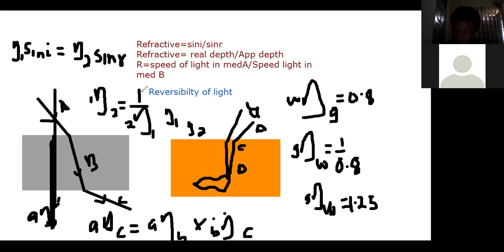The refractive index of medium 2 is equal to 1 all over the refractive index of medium 1. So this means that the refractive index of light moving from medium 1 to medium 2 is equal to 1 all over the refractive index of light moving from medium 2 to medium 1.